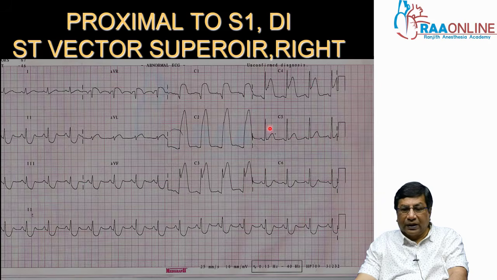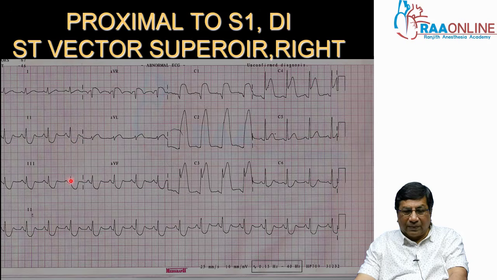So now we look at the electrocardiogram here. I have ST elevation here in septal leads, V2, V3, V4. I should not only see this anterior ST elevation, my eyes immediately will go to the inferior leads. The inferior leads are showing ST segment depression, which means my injury vector is going superiorly.